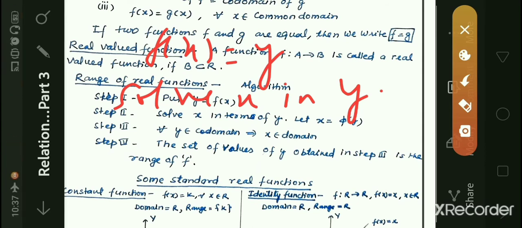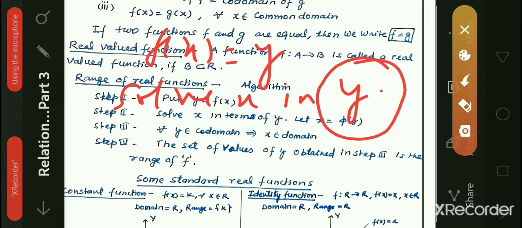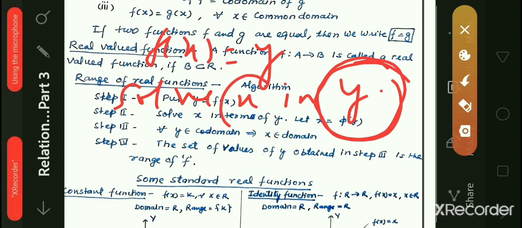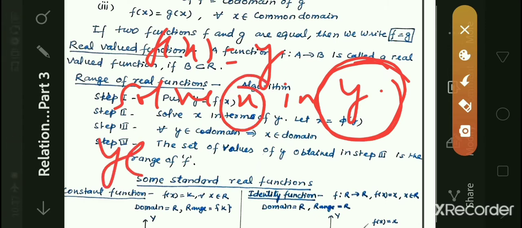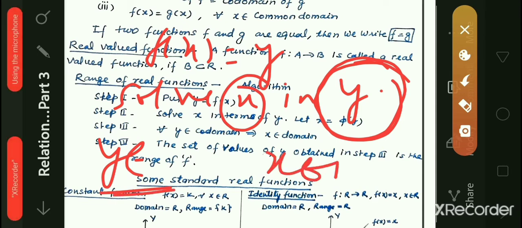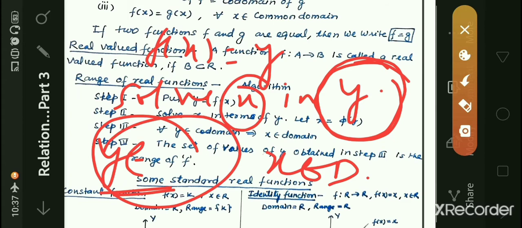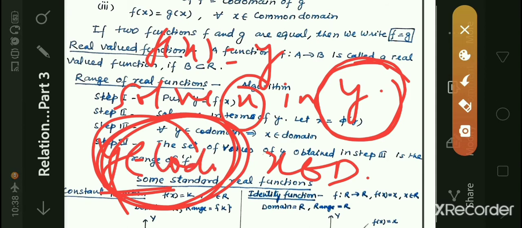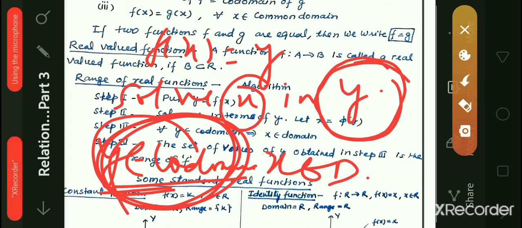Now remember this: for those values of y, for which x belongs to the domain, that collection of y will be the set of images, and that will form the range. I hope it is clear.